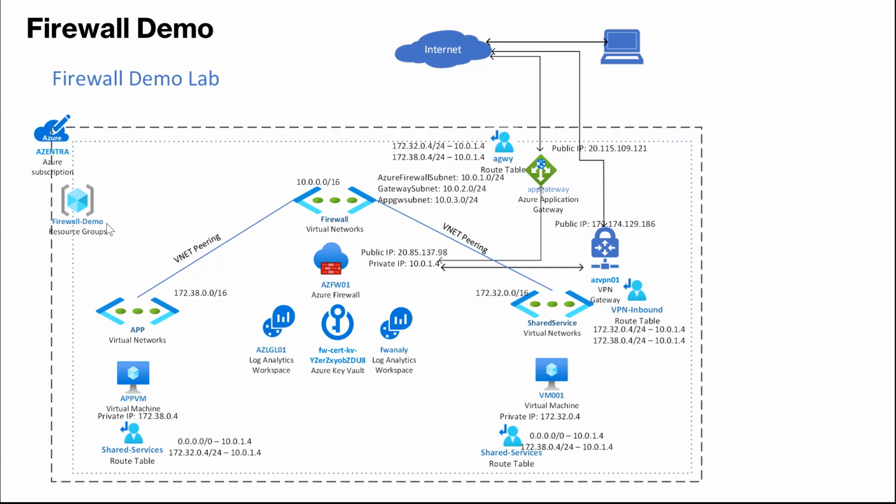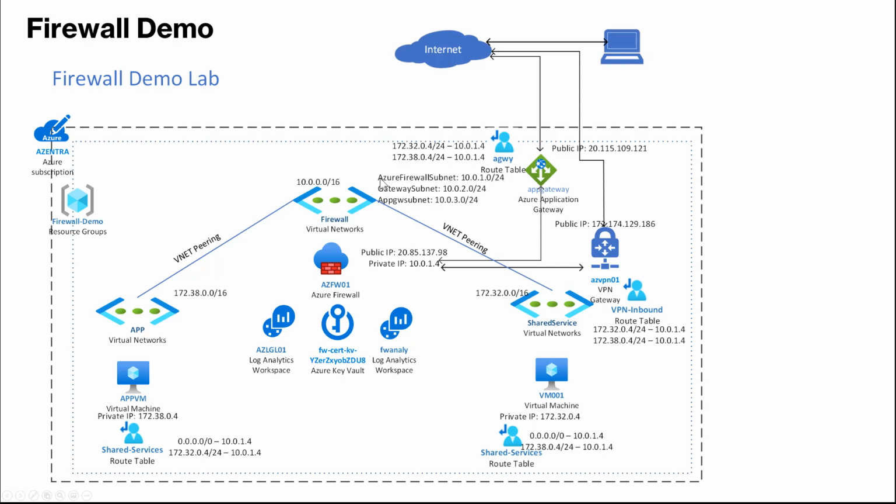As I said, all resources are in one resource group. I have got three VNets configured here. As you see, the center, or the hub VNet, is called firewall here. I did it a long time back, so I didn't want to rename it. But this is my hub, the firewall VNet. Within the firewall VNet, I have got three subnets. One is the Azure Firewall subnet.